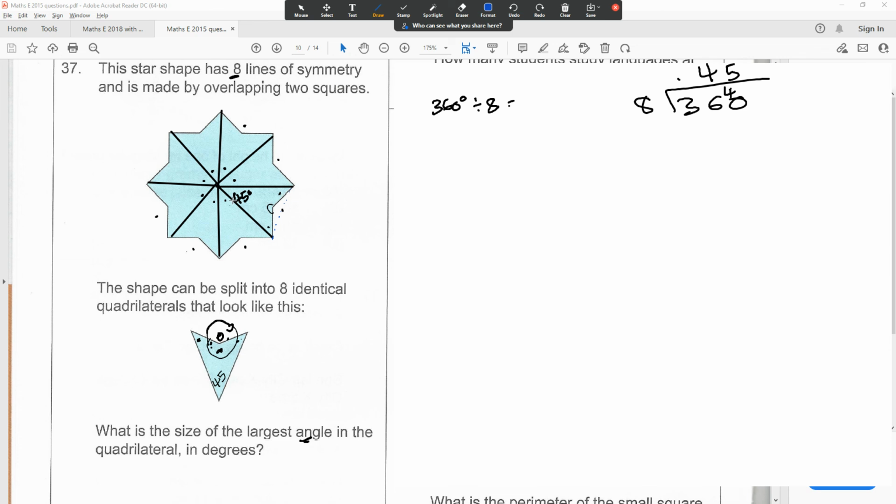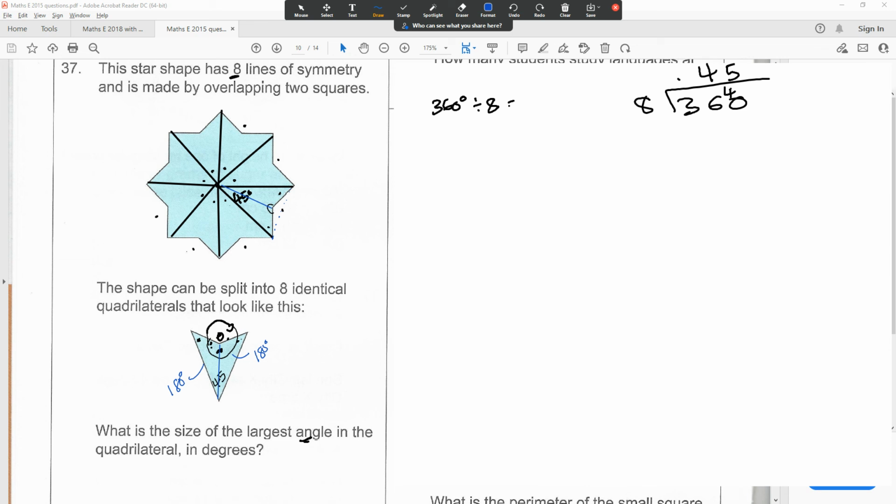And if I draw a line this way, I can divide this into 2 triangles. Each triangle will add up to 180 degrees because that's angles in a triangle, right? So this will add up to 180 and this will add up to 180. So that's a possibility of maybe building on the idea.